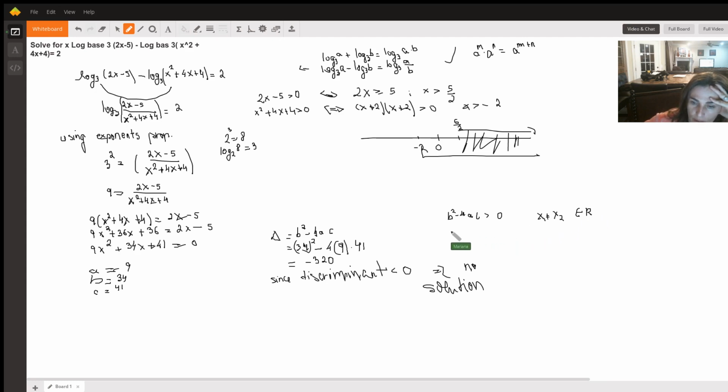If your discriminant is equal to 0, you're going to have two real solutions where x1 equals x2. If not, they're going to be complex. So since your discriminant is less than 0, therefore you have no real solutions. And hopefully this is going to help, and good luck.